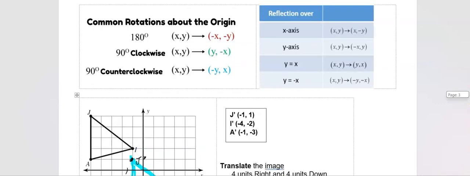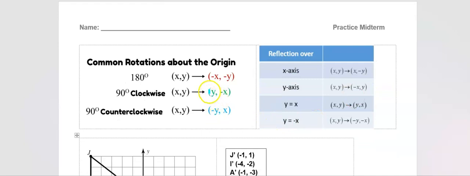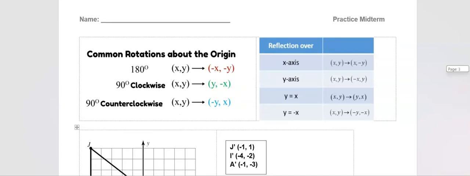Now I'm going to evaluate my x's, and it's telling me whatever x is, make sure it's the opposite. So this is a 1. This originally was a -1, it becomes a 1. This is a 4, it becomes a -4. This is a +2, it becomes a -2. So again, according to our table, it's asking us to write the y first, and then we're going to write the x point, and whatever it is, make sure it's the opposite.